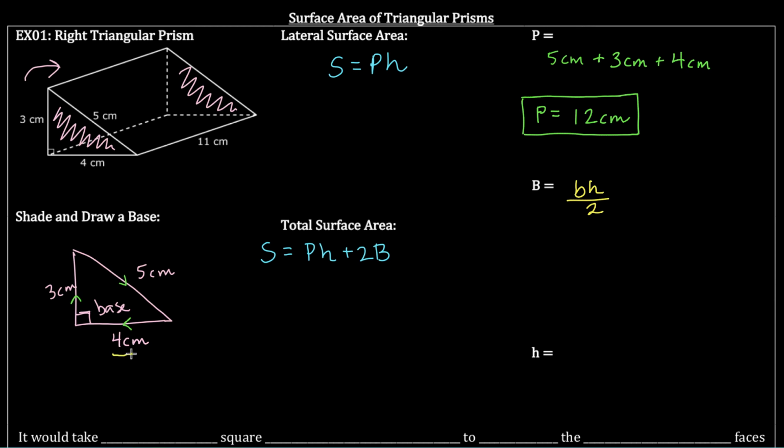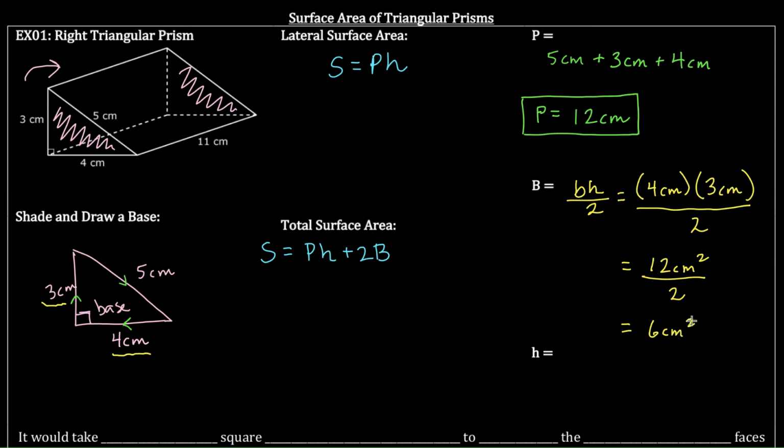So 4 centimeters times 3 centimeters divided by 2. We get 12 square centimeters divided by 2, and then we get 6 square centimeters. That is the area of our base.